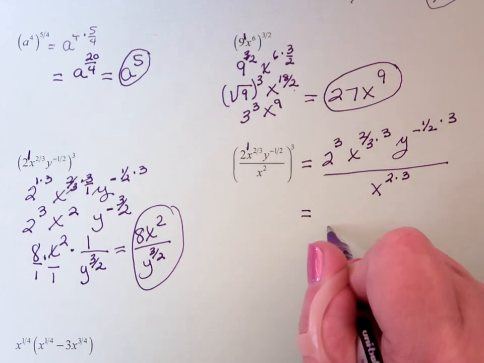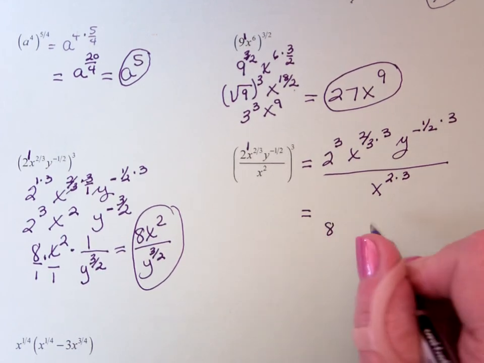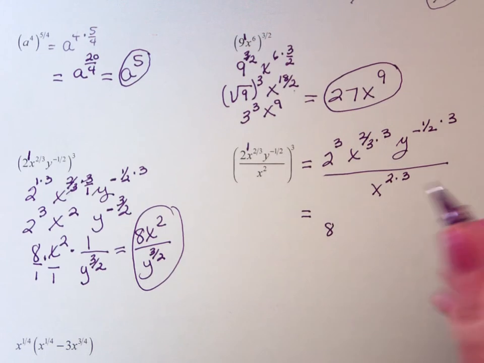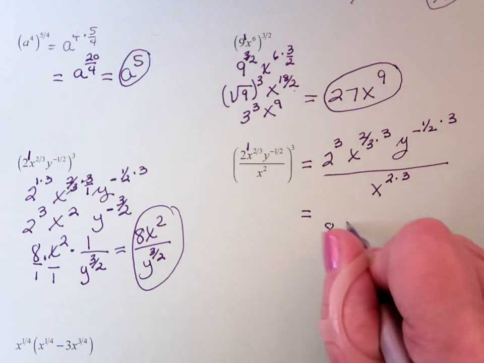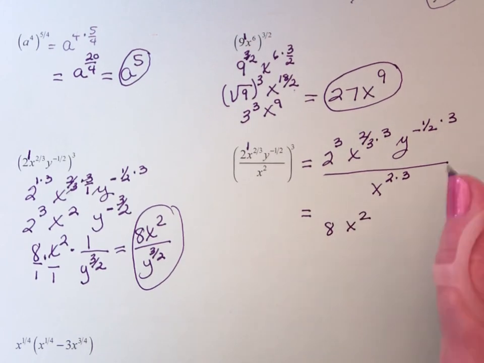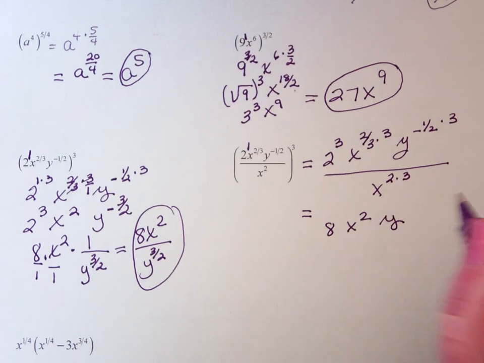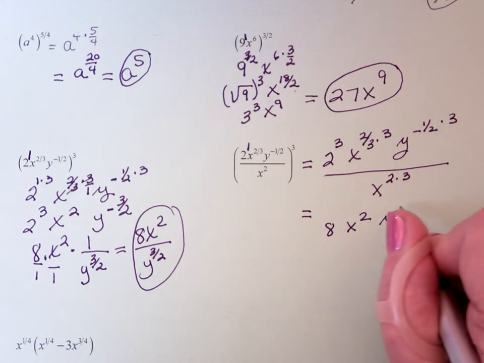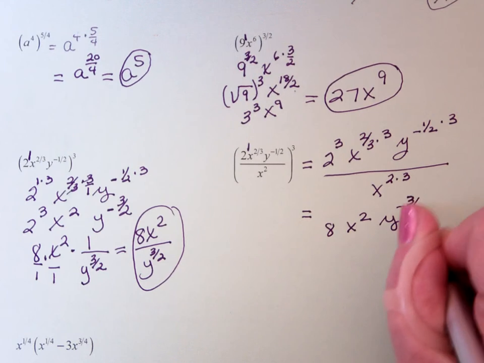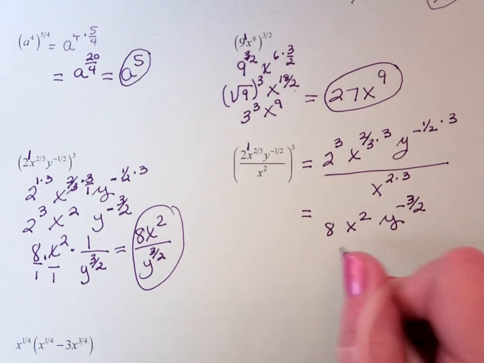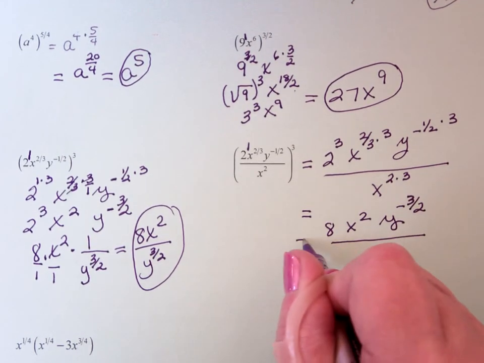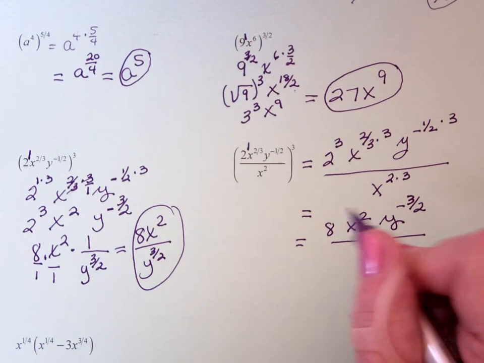This becomes 8. 3 times 2/3 is just x squared. Unfortunately, this then becomes y to the negative 3/2. And then 2 times 3 is 6.